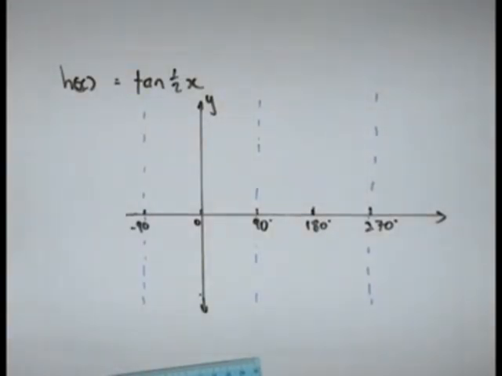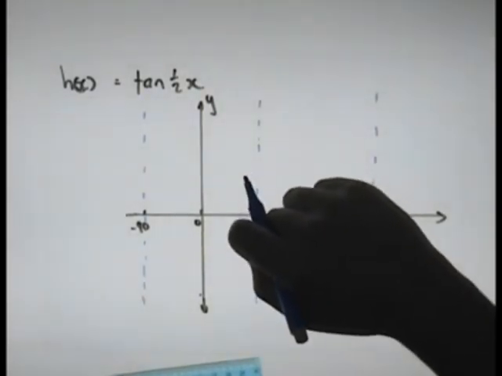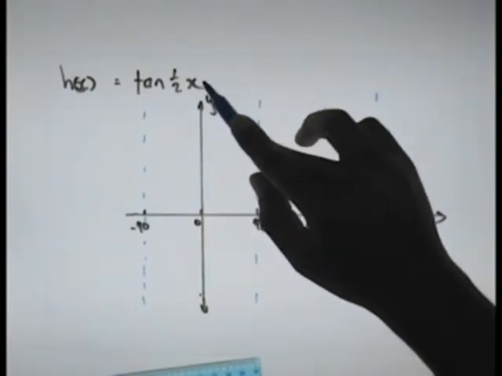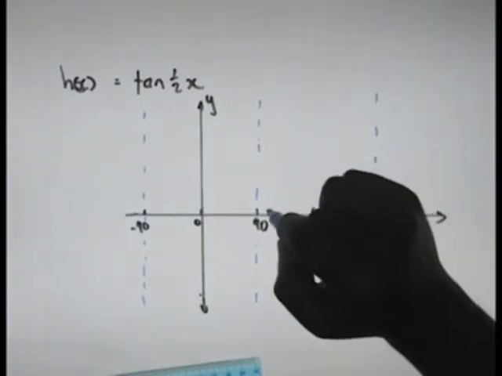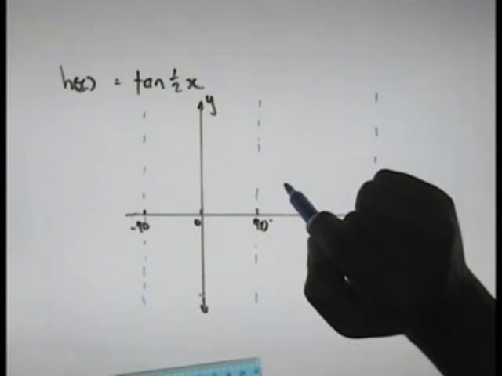The problem in this case though is we actually can. If x is equal to 90, that's going to be tan of a half times 90, which is tan of 45, which is equal to 1.